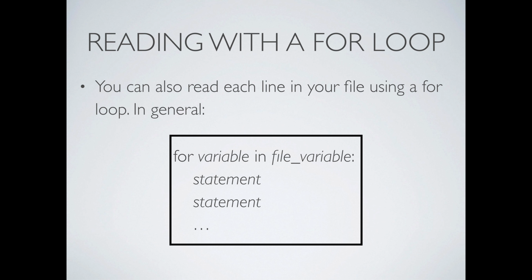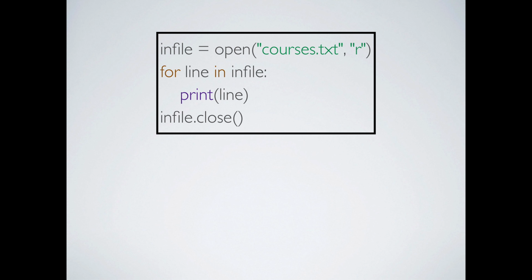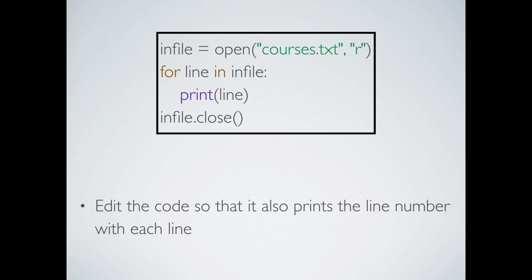And again, the cool thing about this is that I actually don't type read line in here. The for loop is automatically reading the lines for us. So this code will open the file for reading, go through each and every single line in the file, one at a time, print out the line, and then close the file.